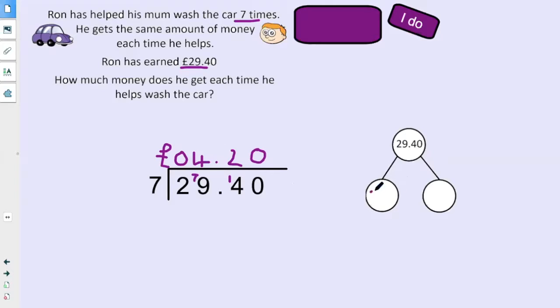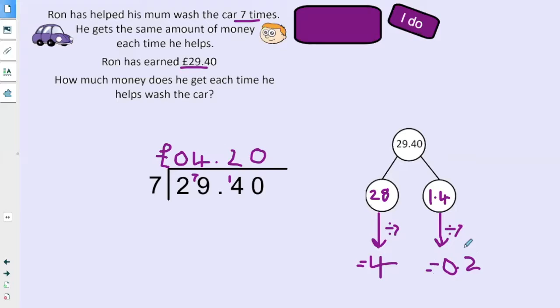So here I have 28, and here I have 1.4. 28 divided by 7 is equal to 4. And 1.4 divided by 7 is 0.2.